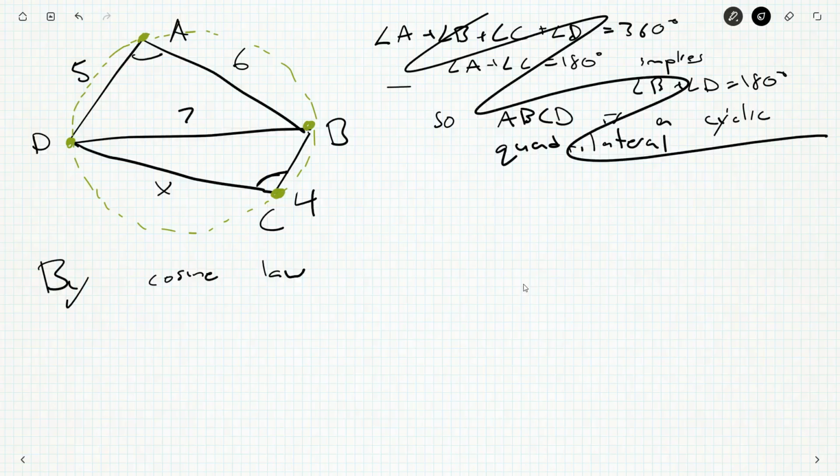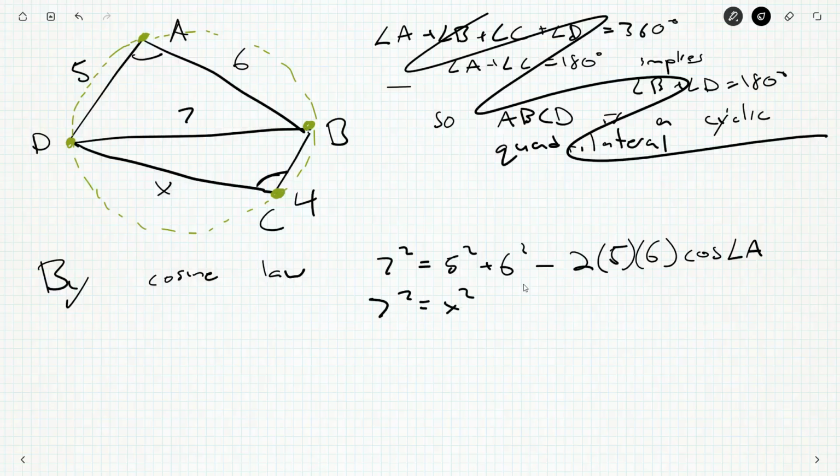By the cosine law, 7 squared is 5 squared plus 6 squared minus twice 5, 6 cosine of angle A. Okay, and 7 squared is also equal to x squared plus 4 squared minus 2x for cosine of angle C. But these guys are supplementary angles, I think.